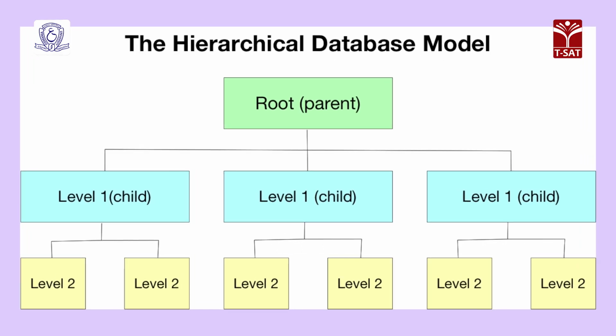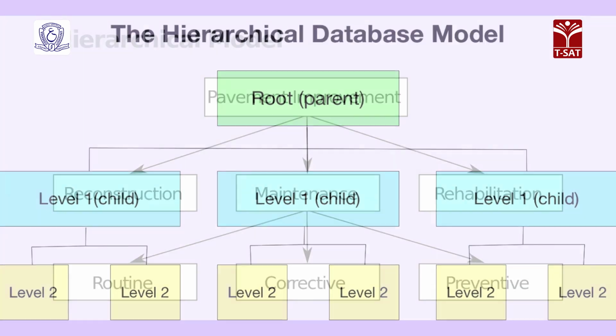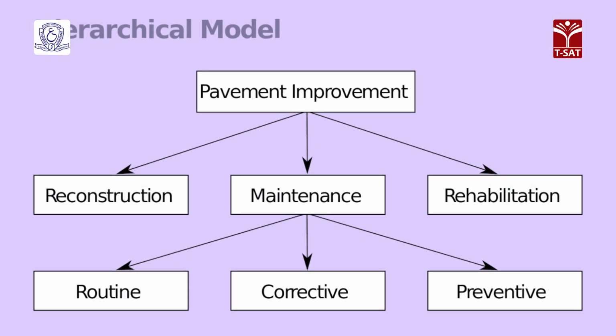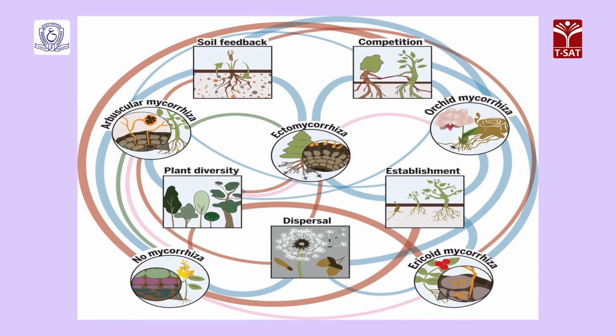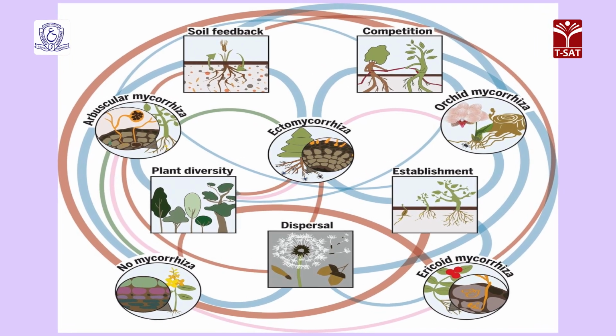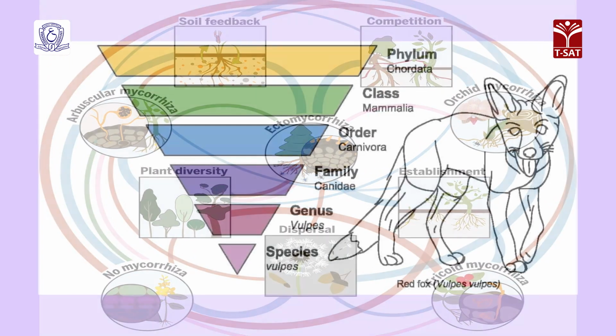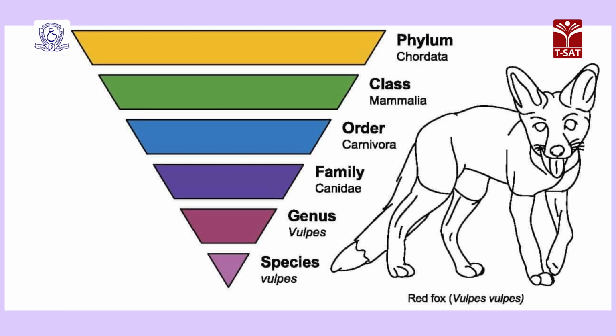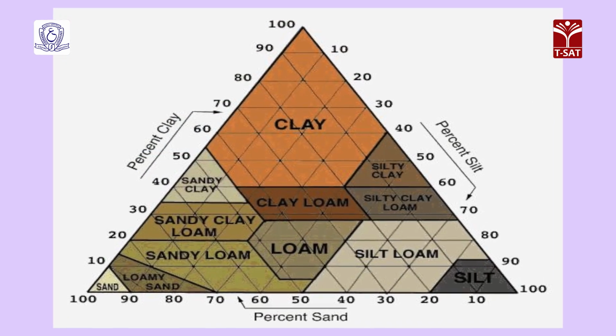Hierarchical database model. When a data set has many relations, a hierarchical model is used. This hierarchical model is used in environmental science for plant and animal taxonomy, soil classification, etc. These models are easy to understand, and they are easy to update and expand as needed.